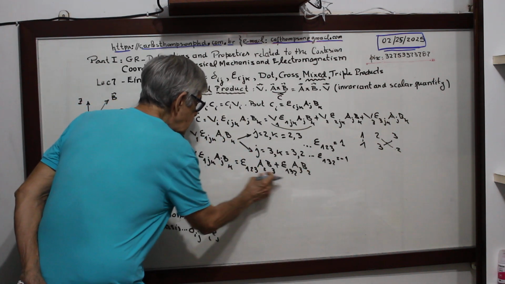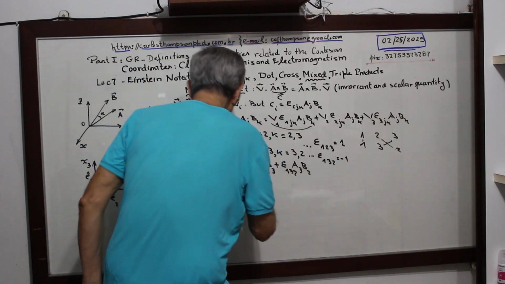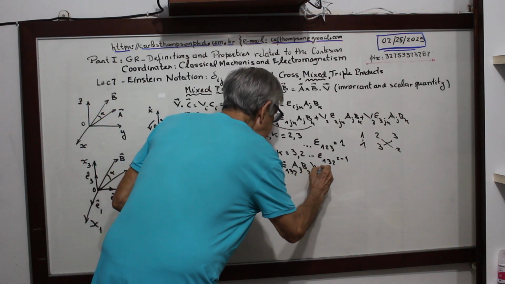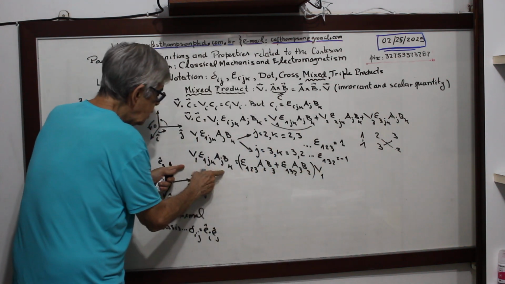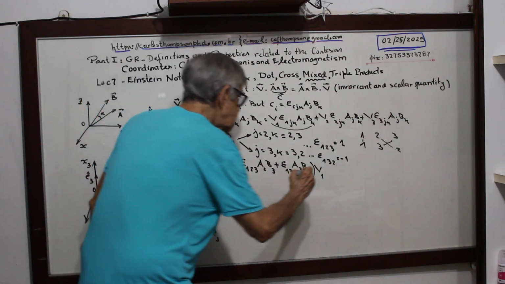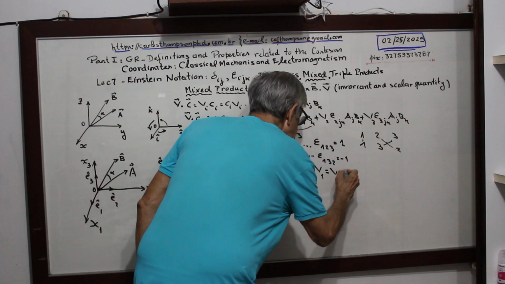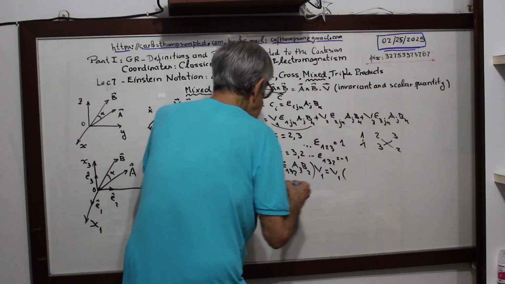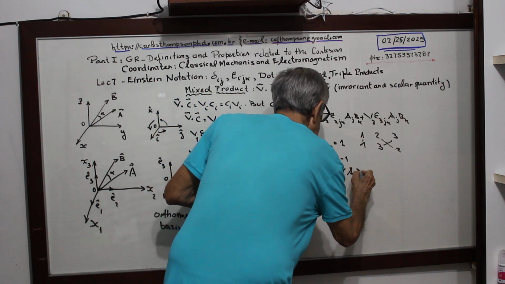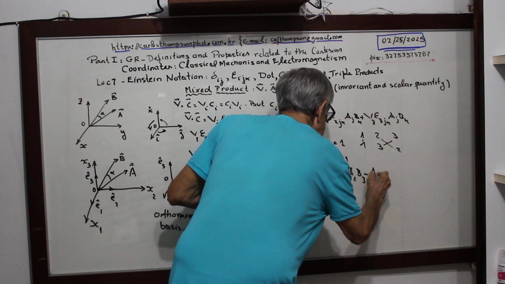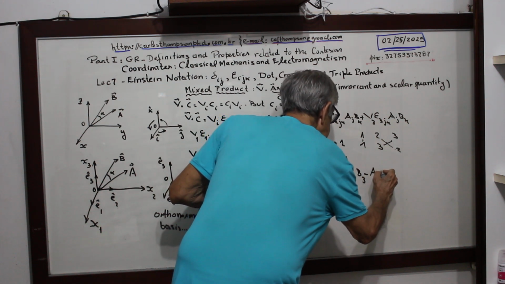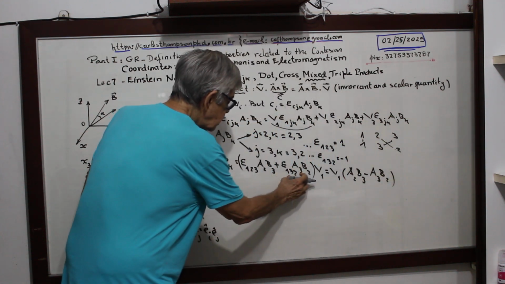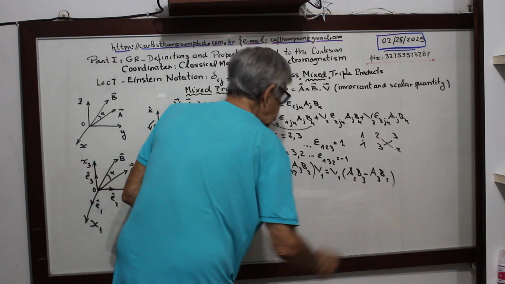This is plus 1, this is minus 1. The whole thing here is multiplied by v1. So this is equal to v1 times (a2 b3 minus a3 b2). You see, this is minus over here.